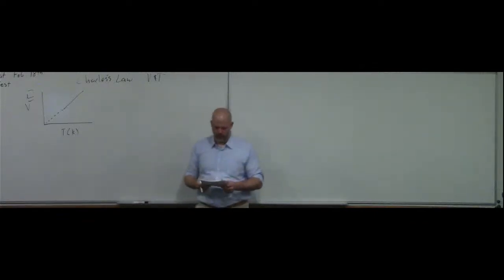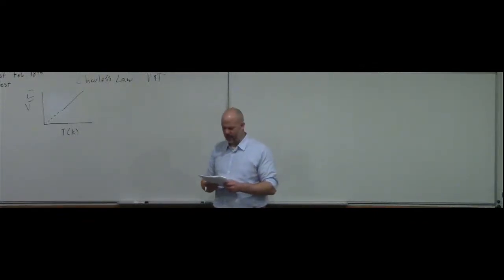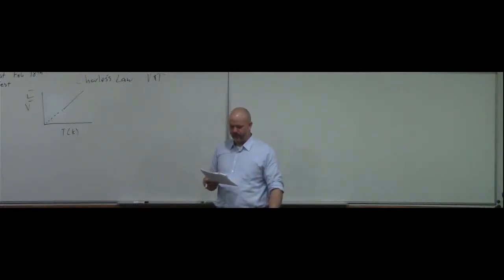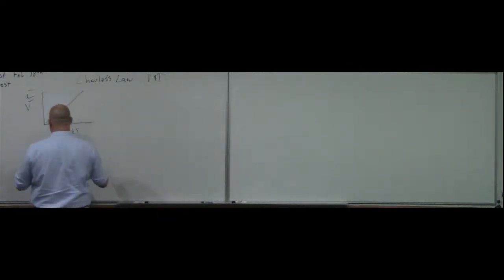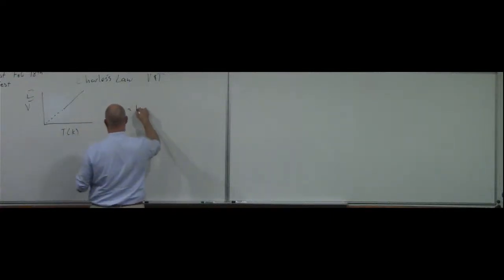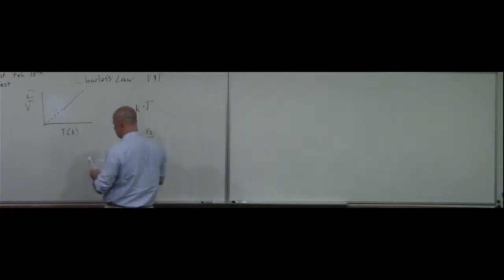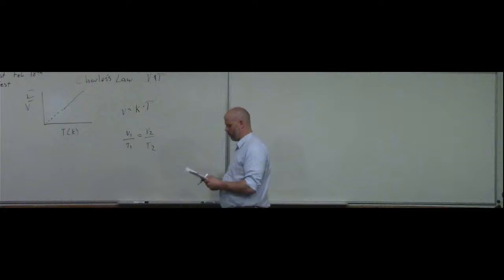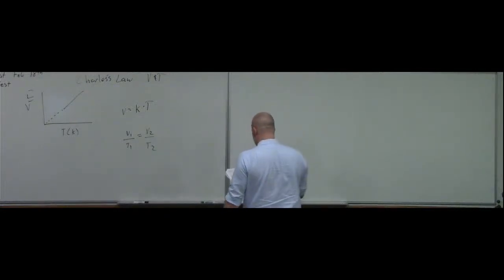The relationship between volume and temperature of a given amount of gas at constant pressure is known as Charles' law, in recognition of the French guy. Mathematically, it can be written this way. Either volume equals a specific constant times temperature, or V1 over T1 equals V2 over T2, where k is a proportionality constant that depends on the amount and pressure of the gas.